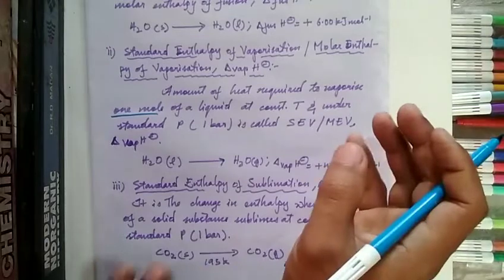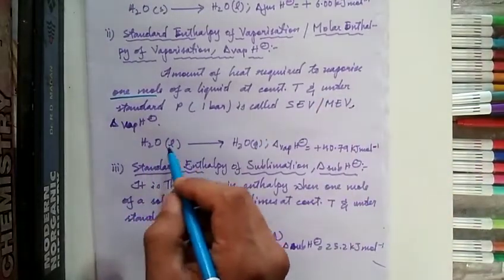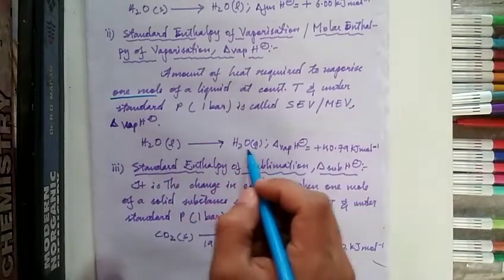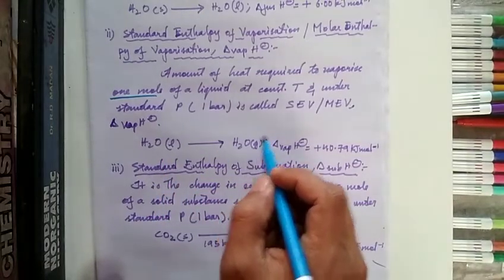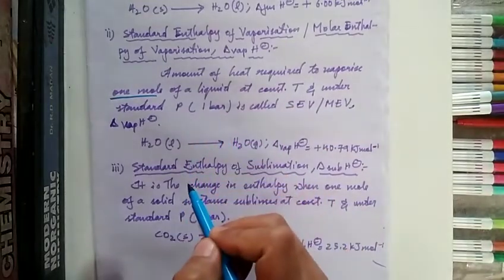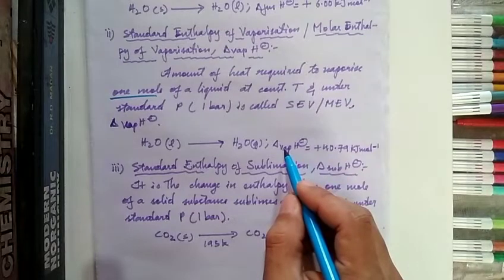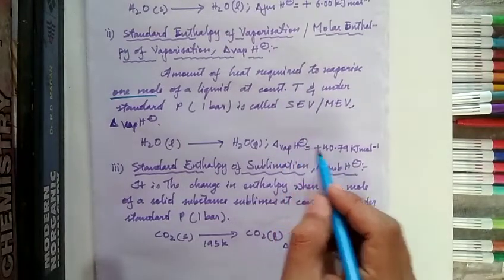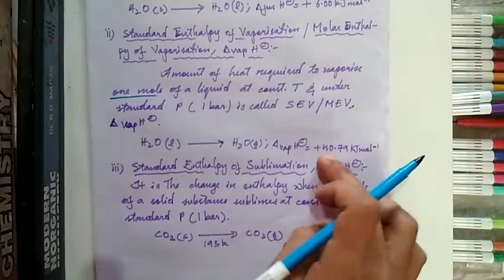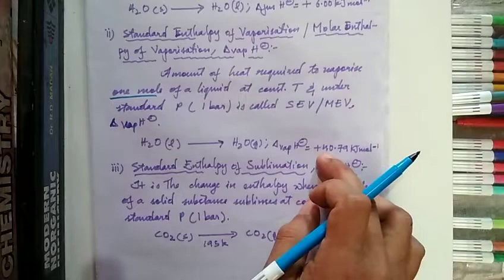So heat required to convert this liquid into gas, and this should be at constant temperature and 1 bar pressure. The enthalpy change here is ΔvapH positive, that means in this case also an endothermic process.